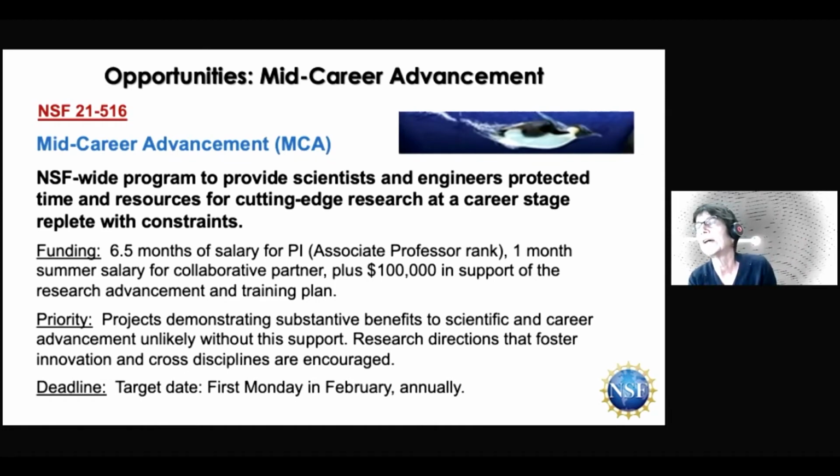And it will provide up to $100,000. And so if the PI wants to go off for, again, a sabbatical, that's possible. And what's important here, and I forgot to mention in the last one, is, never mind. Let me get through this one and then I'll tell you what I forgot in the last one.